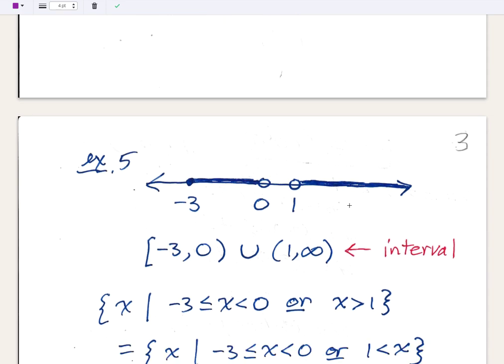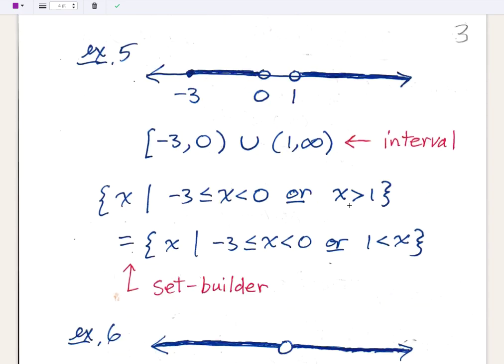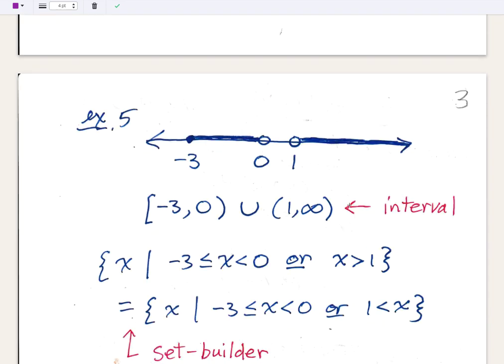Let's look at example 5. Here I've got some set I'm looking at. I would call those 2 intervals, but they're disconnected. There are 2 separate ones here. Now look at this one. I have a solid dot at -3 and an open dot at 0. So what would I have in my interval notation?